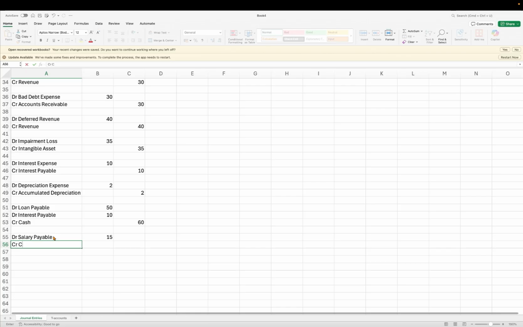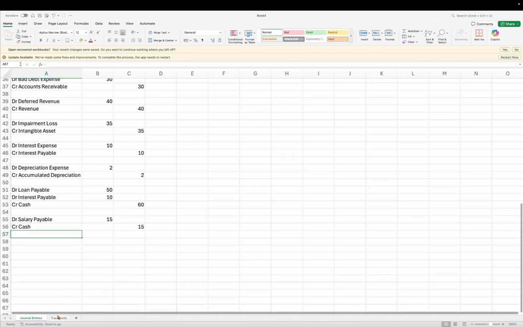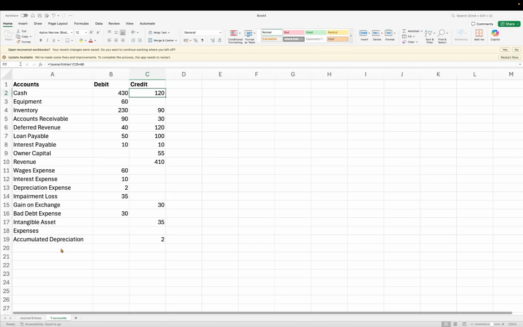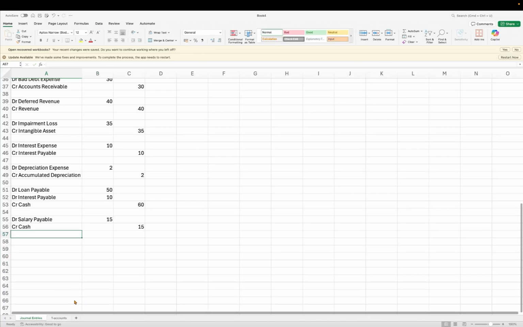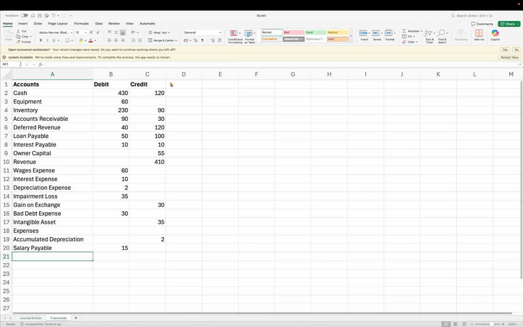Again, we have cash. Great, and as always, transferring to the T account. What I'll have here, it seems to me, salary payable. We'll make it 15, and so we add credit on cash.